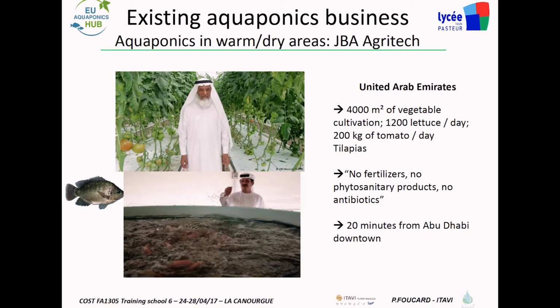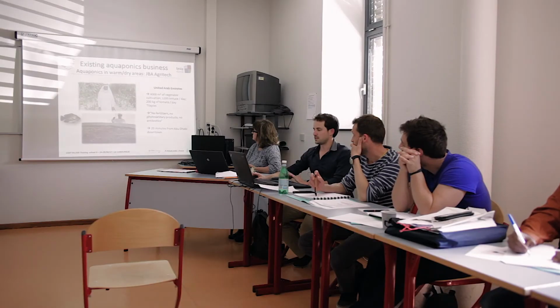This is interesting. It's in the United Arab Emirates. So this might be one of the biggest aquaponics systems. 4,000 square meters of vegetable cultivation. They say that they can produce 1,200 lettuces per day and 200 kilos of tomato per day, without any fertilizer or phytosanitary products and no antibiotics.